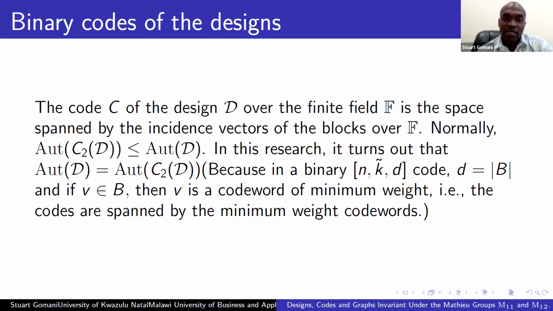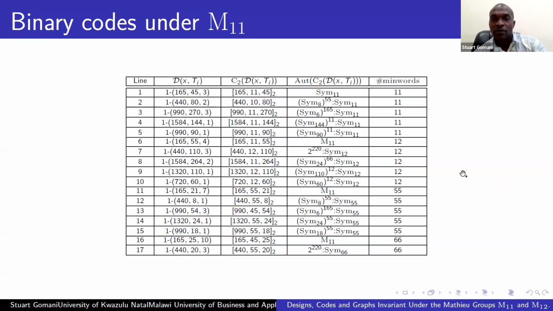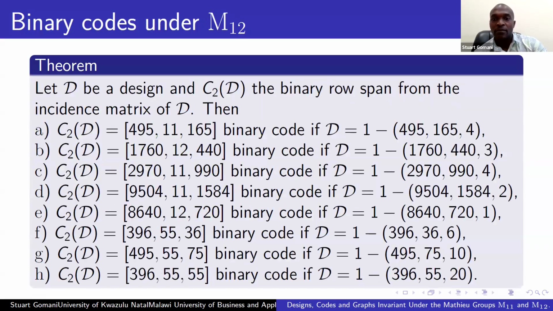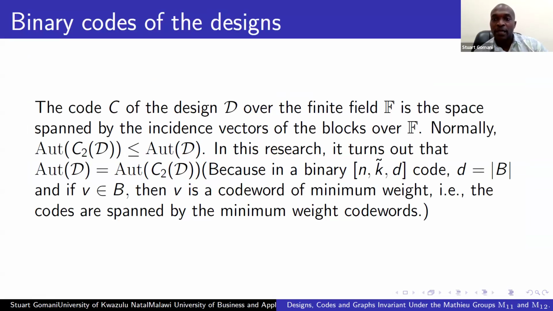But now, because the designs that we have constructed under this method are such that the minimum distance of the code that we have constructed is just equal to the number of elements of a block of the design.